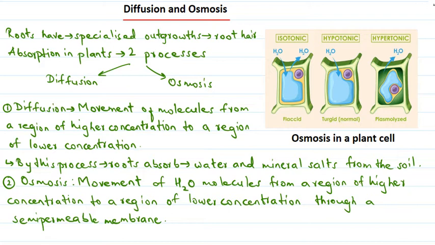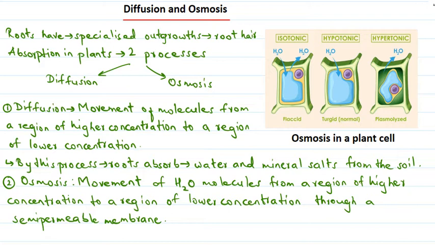Once this water enters the cells of roots or root hair, the concentration increases within the root hair as compared to the adjacent cells. Therefore water from root hair cells further moves to the neighboring cells, and this way water travels upward from one cell to another.